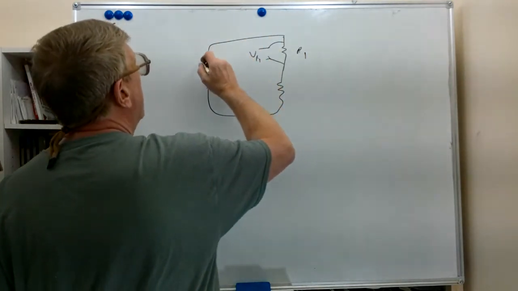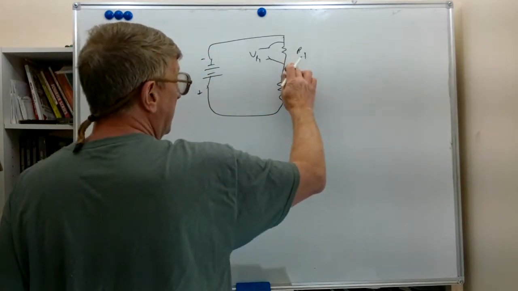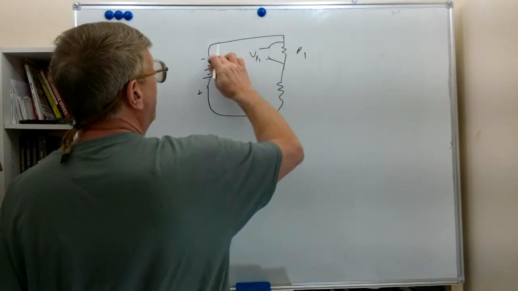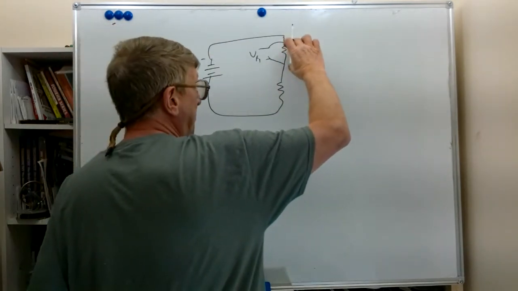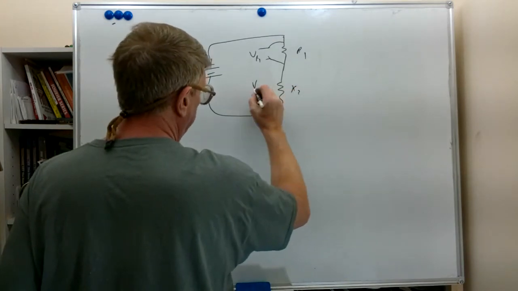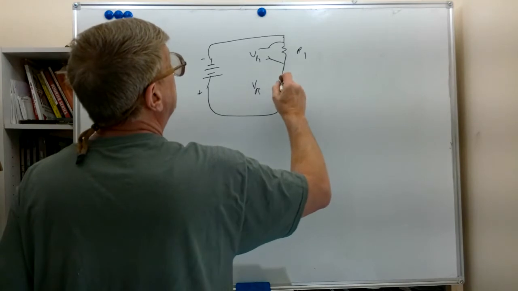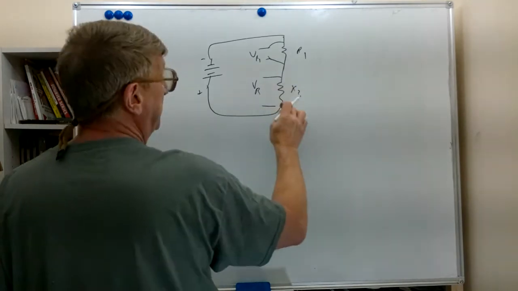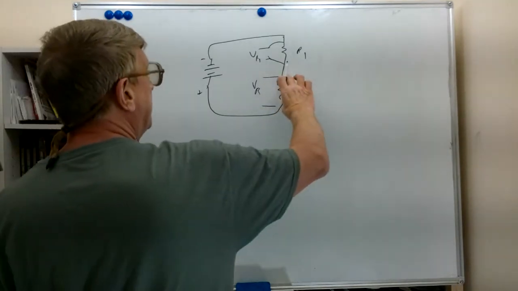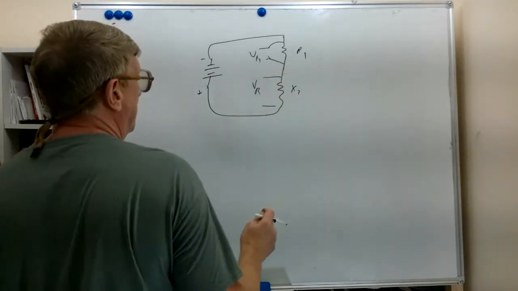The value right here is dropped from this value by the amount that's dropped across here. Same thing here on R2. The voltage from this point to this point is dropped. It's that much less than the voltage here.